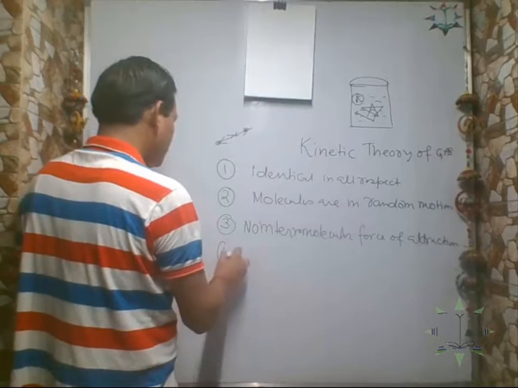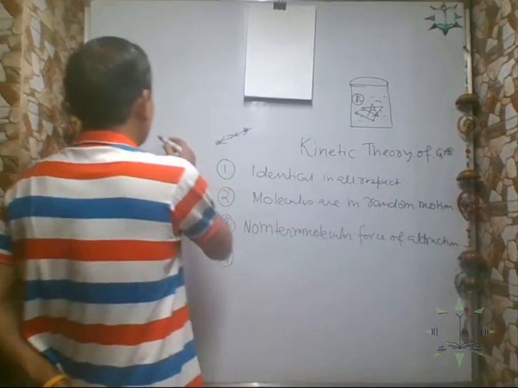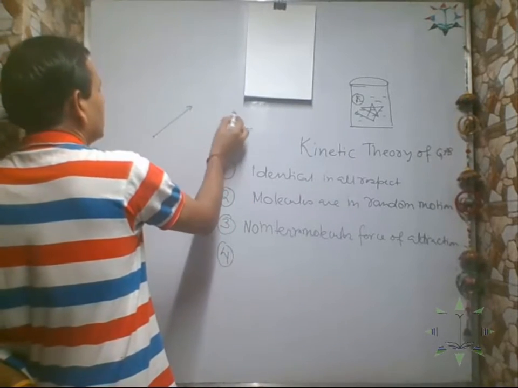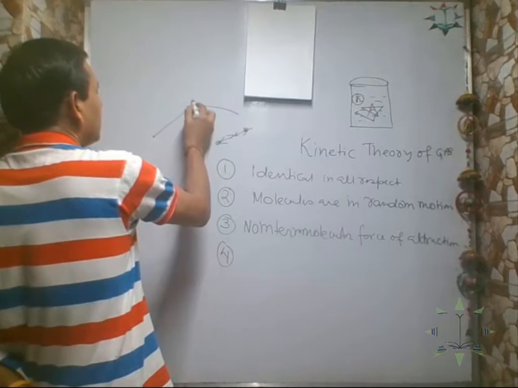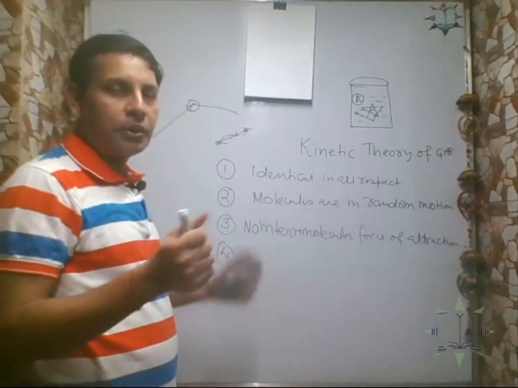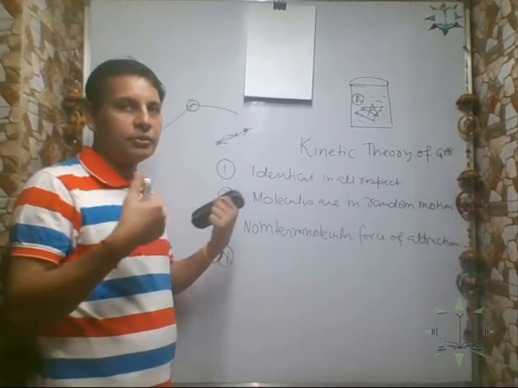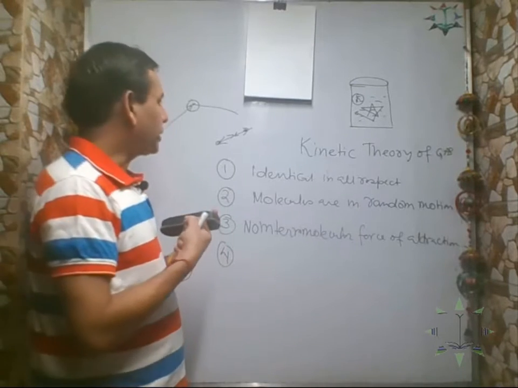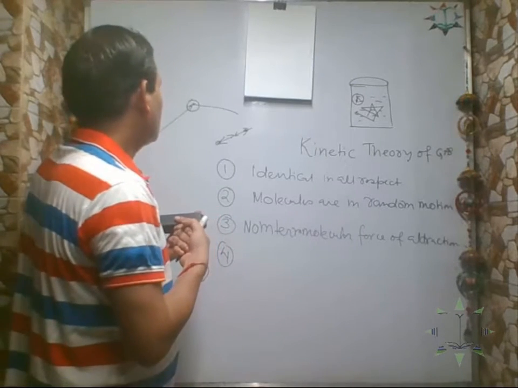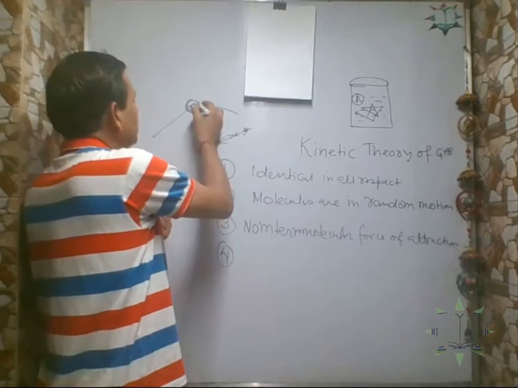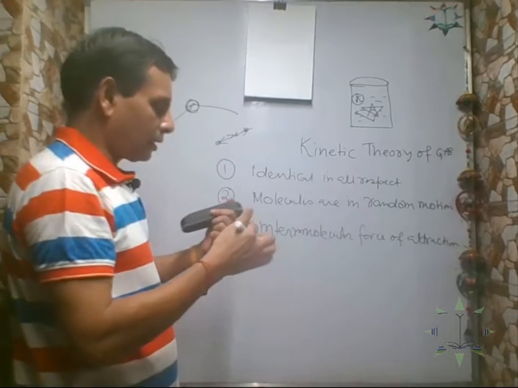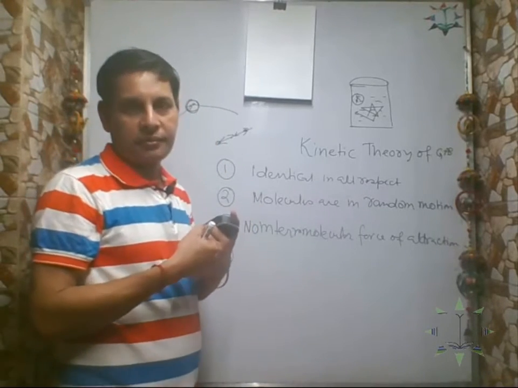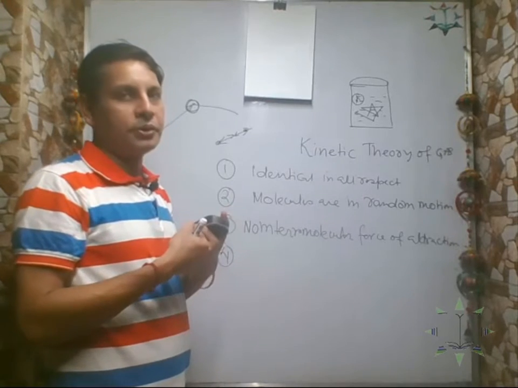Fourth, when the molecule moves from one point to other, the molecules may collide with one another. The molecules make collisions. So the time during which the two molecules remain in contact, this is called time of collision.